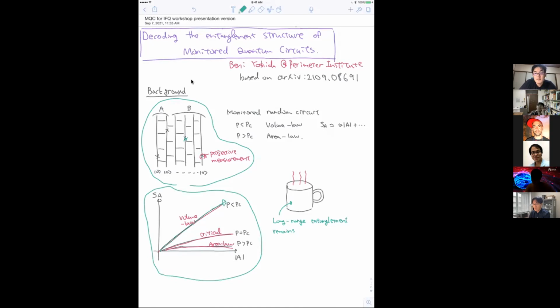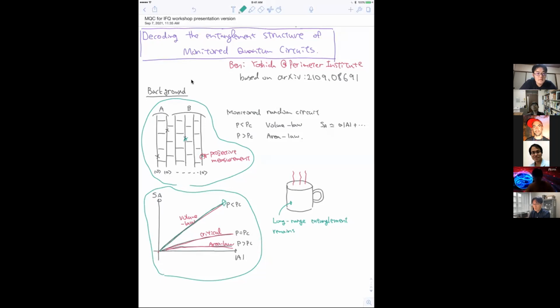Now, previous works have revealed a number of interesting properties about these monitored quantum circuits, mostly based on numerical studies. And there have been only a limited number of analytical studies so far. These findings are quite interesting and illuminating, because if we remind ourselves that the objects we actually encounter in our daily life are monitored quantum systems.